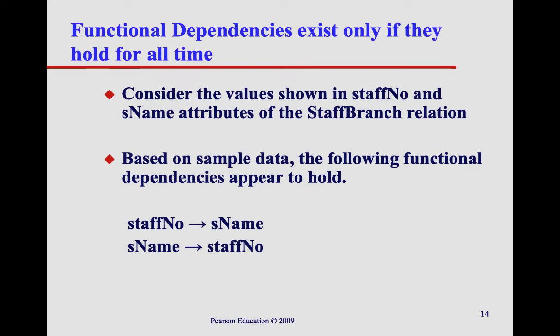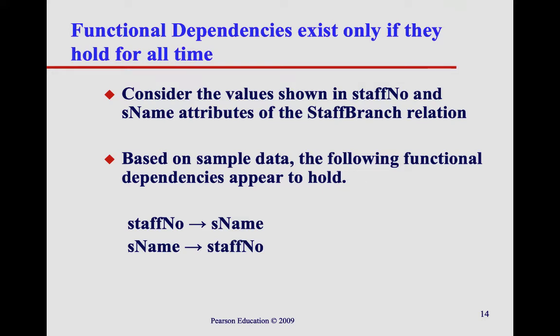Okay, and another important thing about functional dependencies, you can't necessarily infer them from the example data. You have to make sure that it is a fundamental business constraint. So I might give you a directory, and in it, it appears that all staff names are unique. But that's a pretty bad assumption.